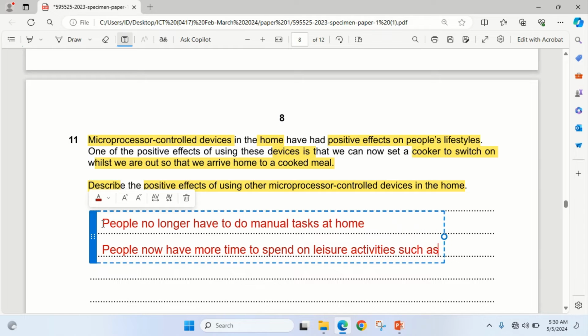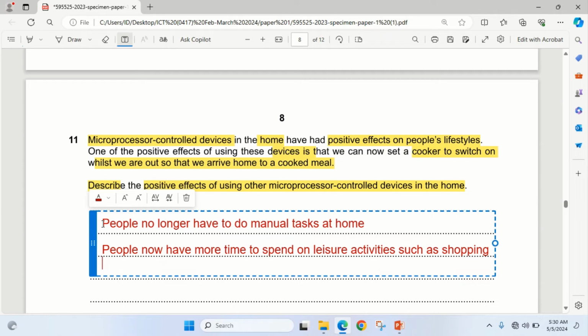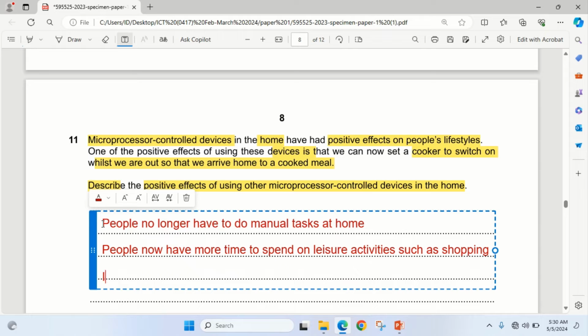Activities such as shopping, etc. So then another thing is that increased sense of security. People now have increased sense of security because they now have automatic burglar system in the house. So that has increased their sense of security, as homes are protected with burglar alarms.